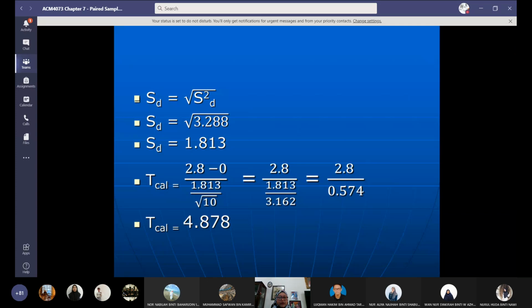It can be 74 or 73. You can maintain 0.573 if you want.